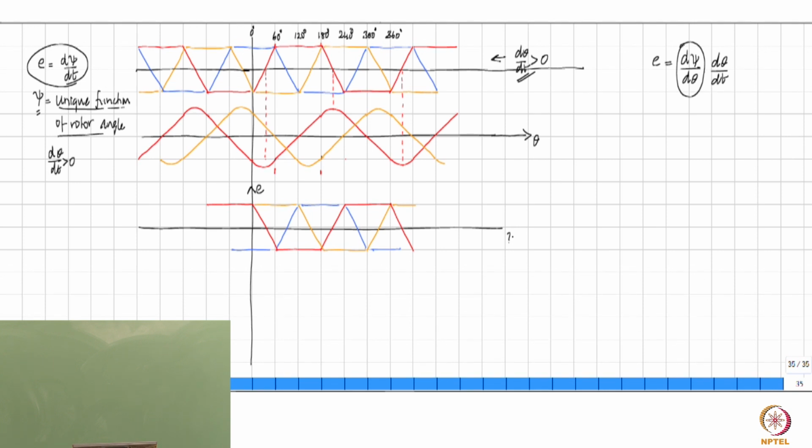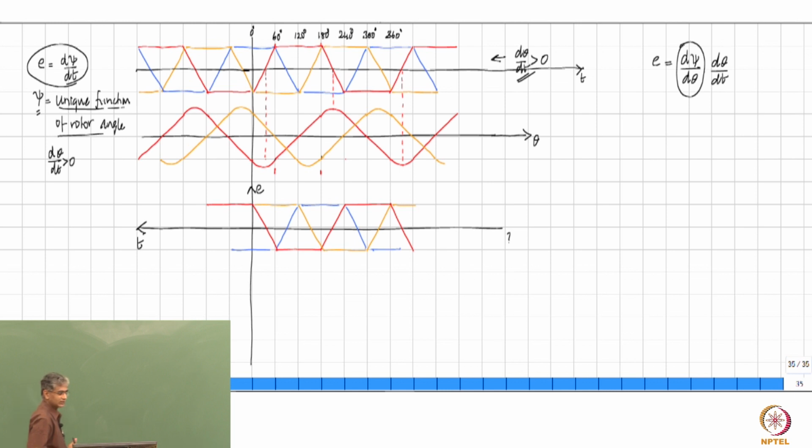Okay? So the induced EMF will have to be looked at as moving along this direction, and there is now therefore a difference. In the earlier case, where we plotted this with respect to time, this is now with respect to time, because the rotor is rotating in the opposite direction.